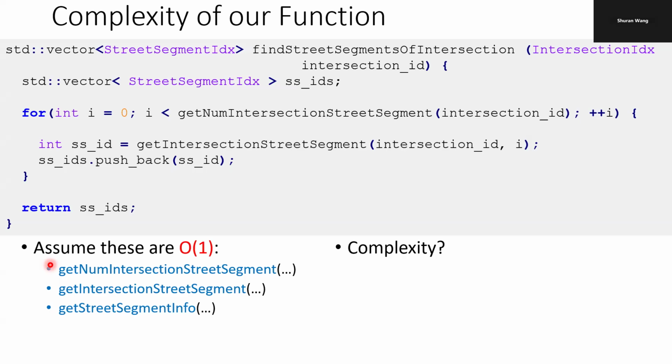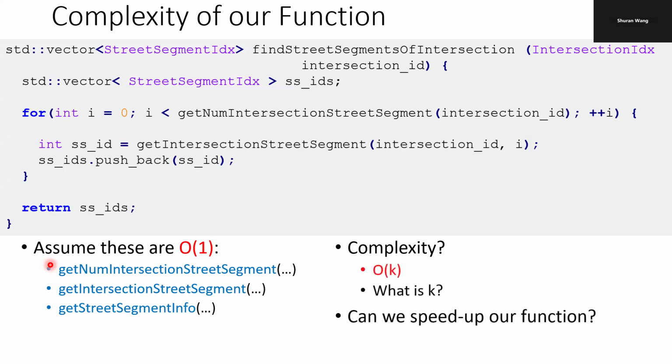O(N)? We use O(K) because it's not really a defined N. What is K in this case? K is the average number of street segments connected to the intersections.